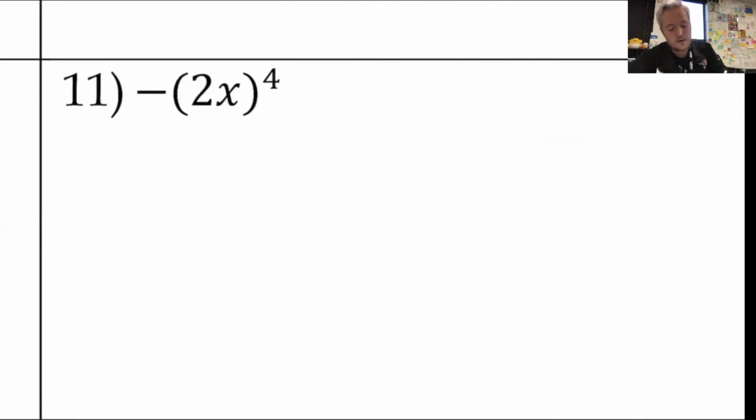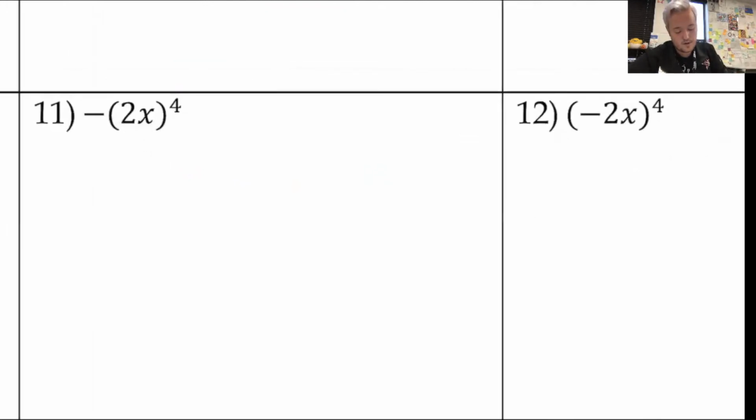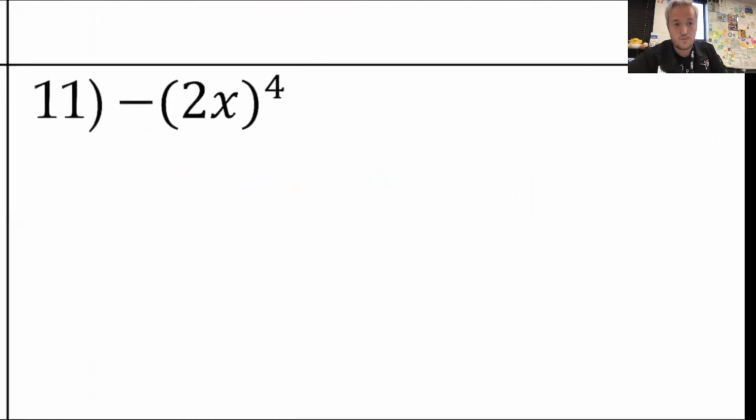All right, and then here with these negative bases, the negative with the base can be kind of confusing. You have to look at the placement in regards to the parentheses. So if you look at both 11 and 12, these are very similar. The only difference is where the negative is, but it does change the problem.